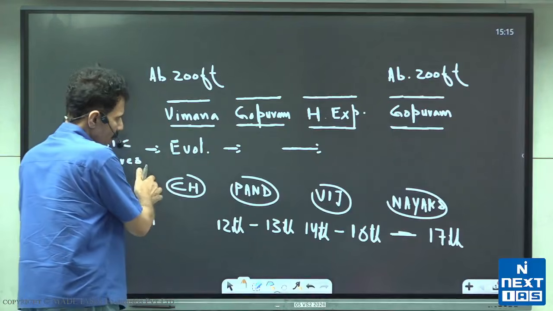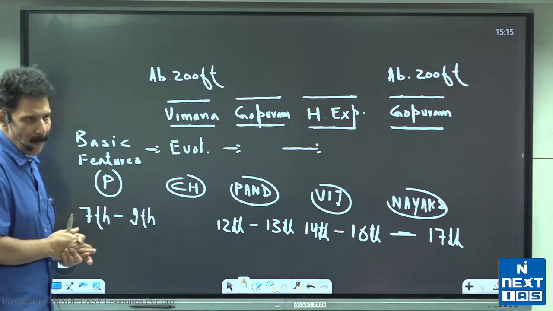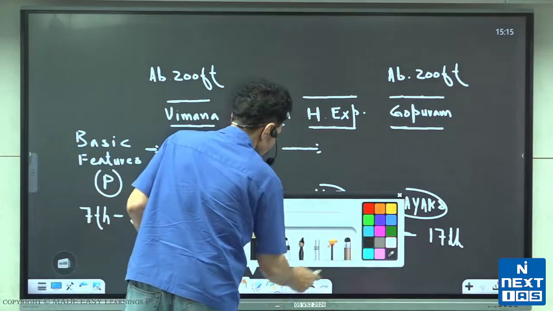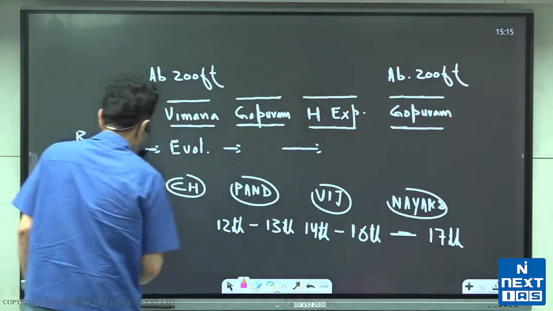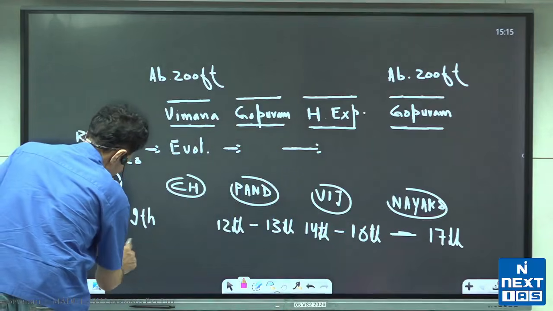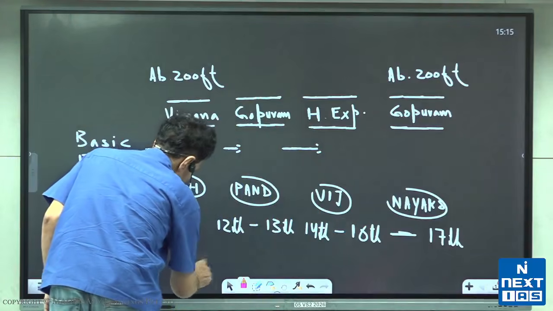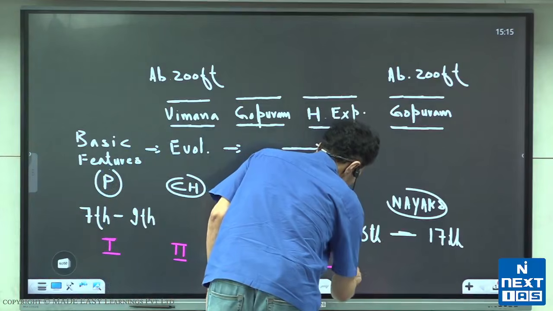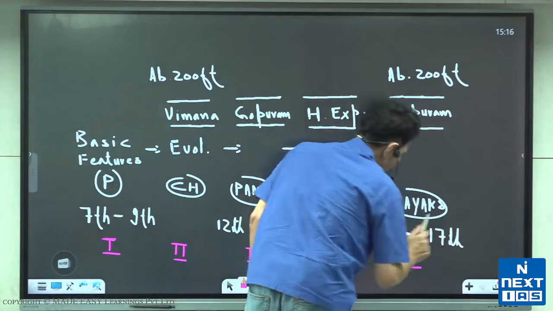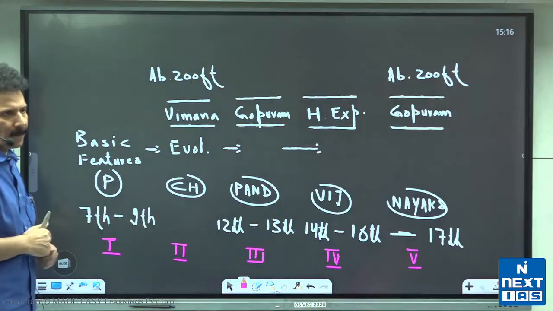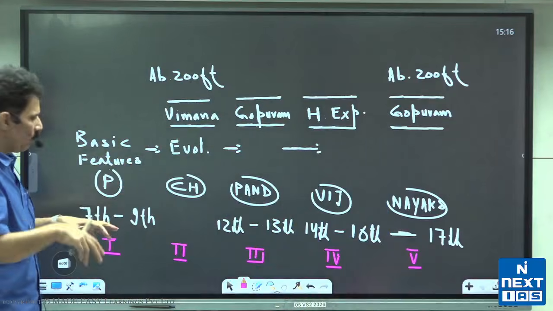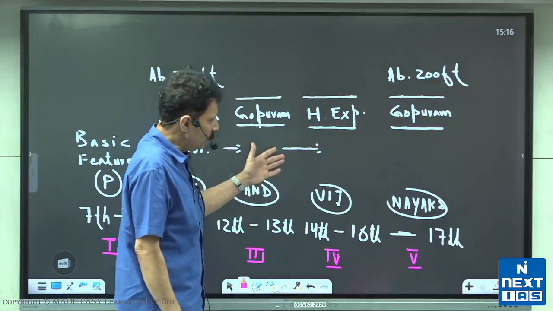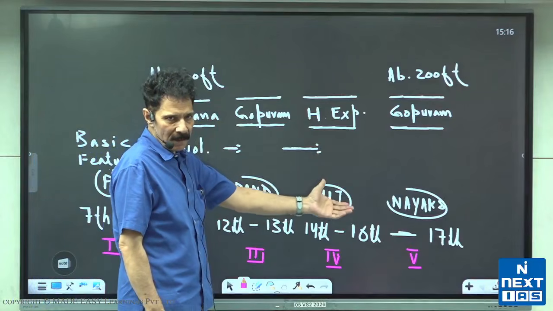This is the evolution of Dravidian style, marked by many phases, and these phases are 1, 2, 3, 4, 5. The 5 topics get involved: the Pallavas, the Cholas, the Pandyas, the Vijayanagar kingdom, and the Nayaks.